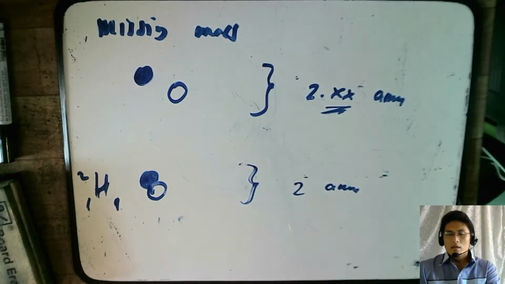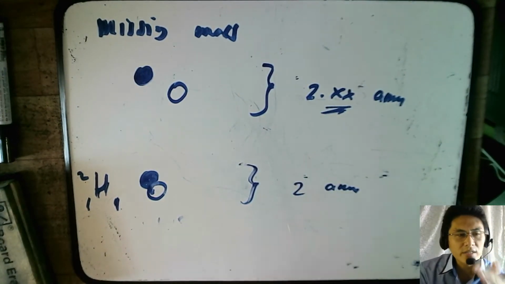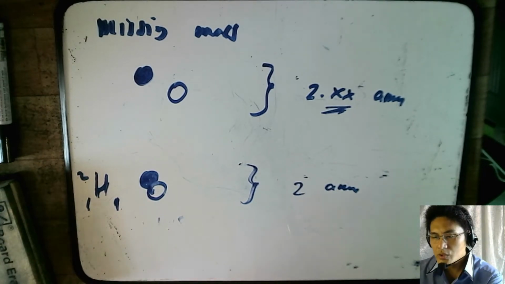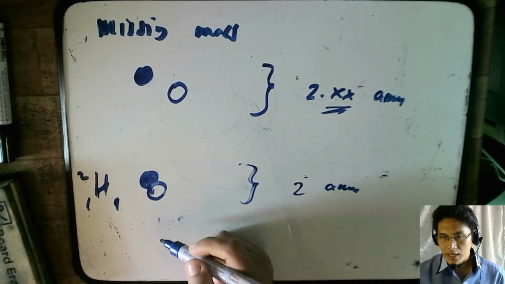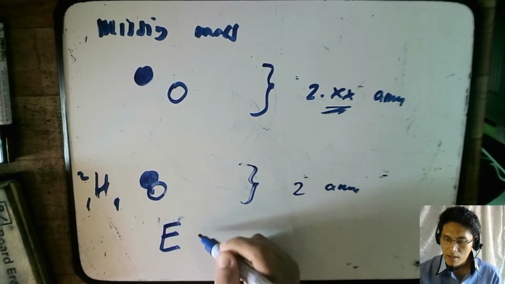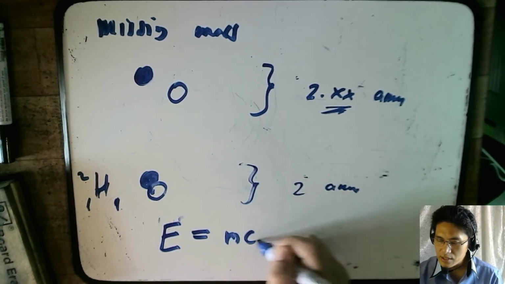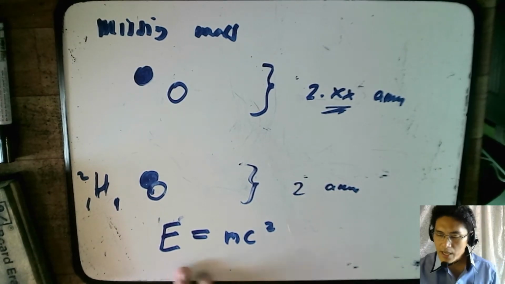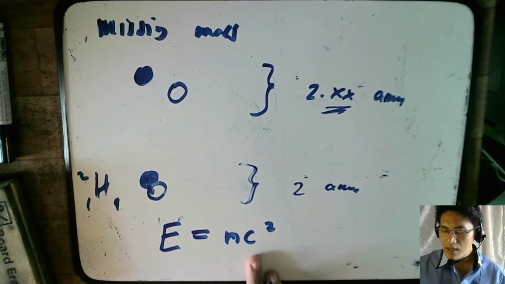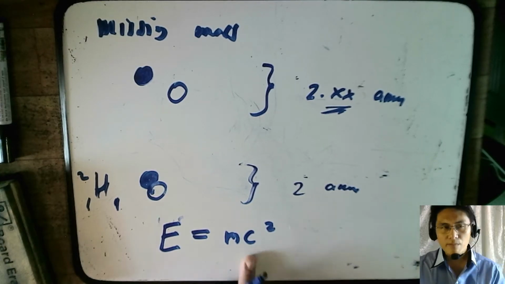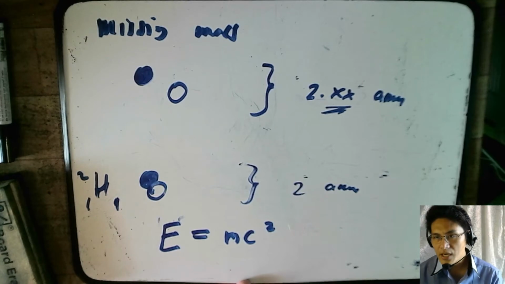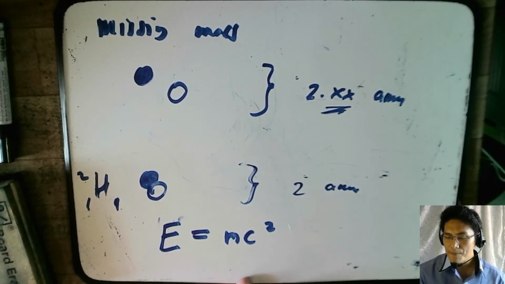And then again, I don't want to discuss this in separation from other concepts. I want to remind you that Einstein invented this formula, E equals mc squared. E is energy, m is mass, c is the speed of light. The speed of light is a very big number, 300 million meters per second, 3 times 10 to the 8 meters per second.